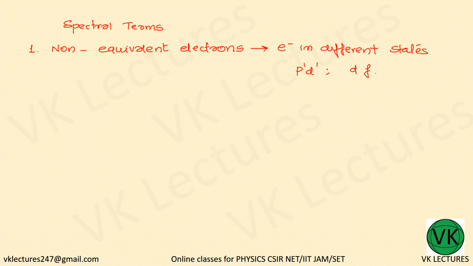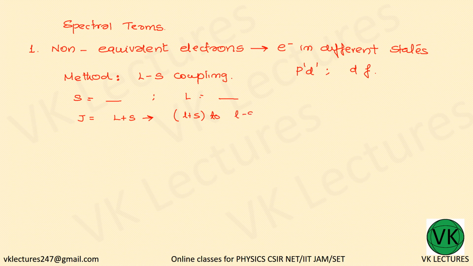The method that we are going to adopt is LS coupling to find the ground state spectral term. LS coupling is the method that we already know. We have to find the S values, and similarly the L values. Then we will find J, which is equal to L plus S, and the values run from L plus S to L minus S.